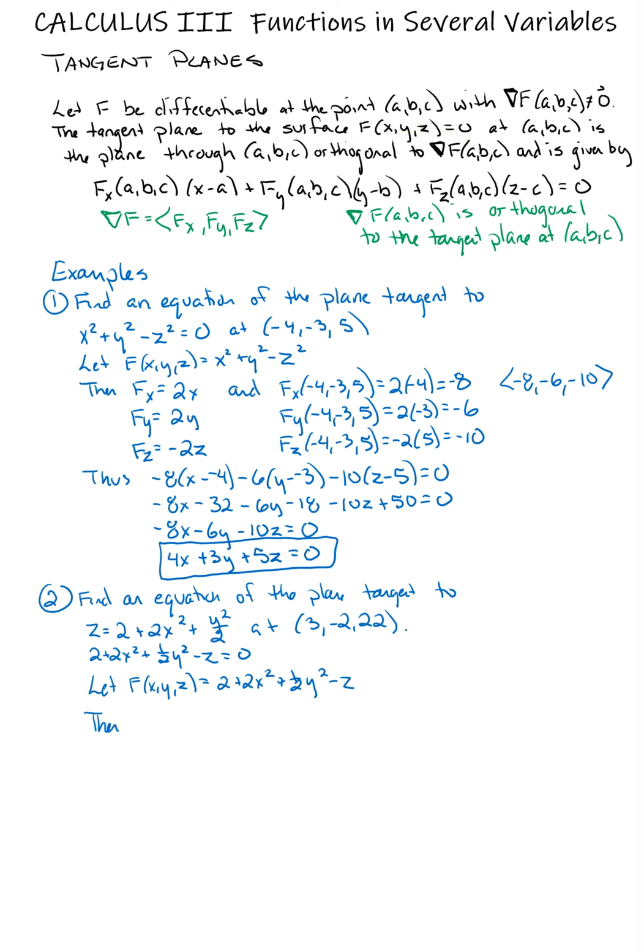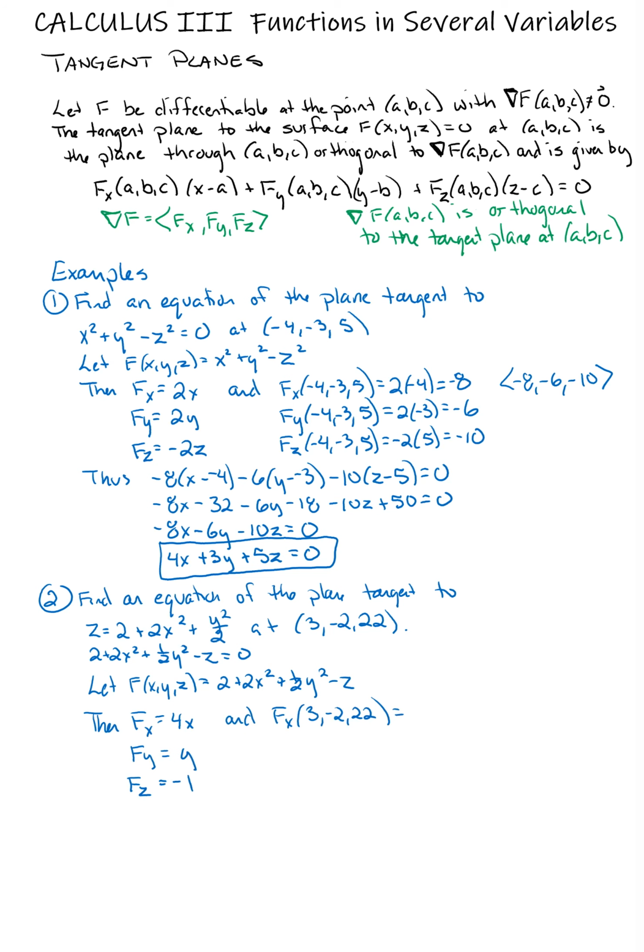Then we can take the partials of f. With respect to x, we get 4x. With respect to y, we just get y. With respect to z, that's just a negative 1. And now we can evaluate those partials at our point 3, negative 2, 22.